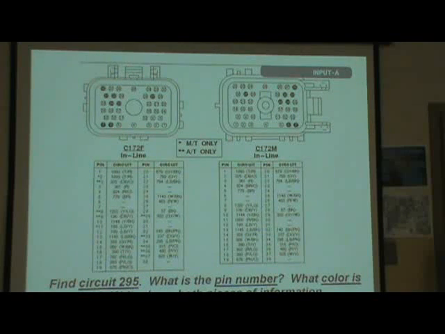Okay, where's circuit 295? You see this table down here? See circuit 295 anywhere? Anybody see it? Is it in this column, that one, or that one? On the right side. Right there, isn't it? It's light blue pink, pin 34.